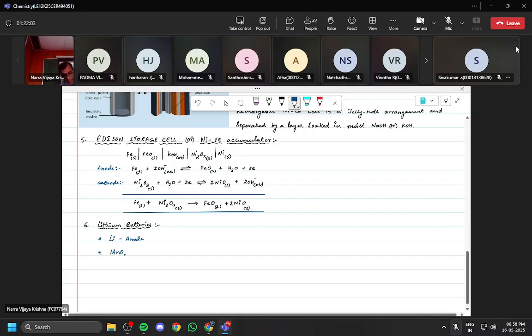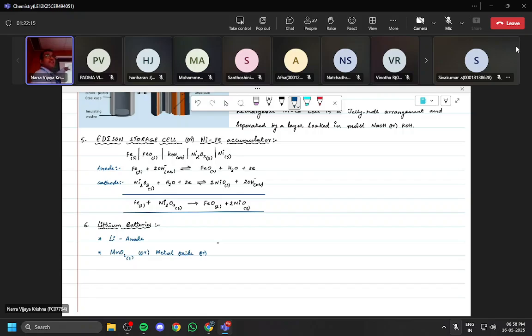MnO2 acts as cathode, or you take any metal oxide or any metal hydroxide. Till now we are taking zinc oxide, HgO, Ni2O3 or FeO. So only metal oxides we are taking. Same way, here I am taking lithium anode and some metal oxide or hydroxide as cathode, right?